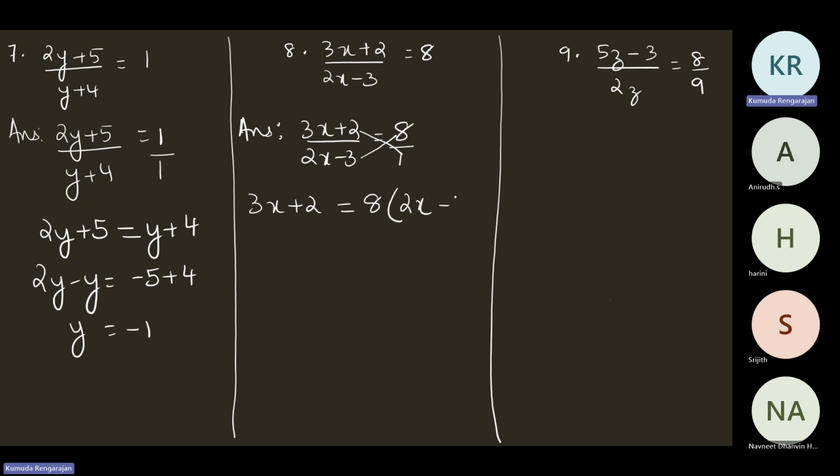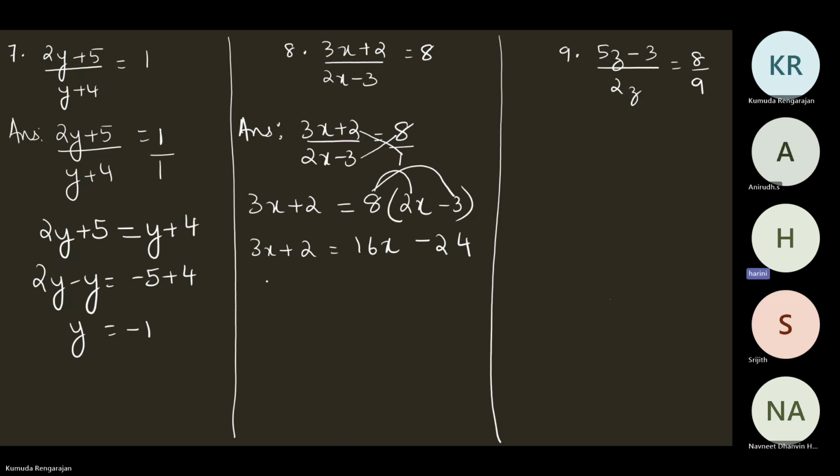Next step. 3x plus 2 equal to... What is 8 into 2x? 16, ma'am. 16x minus 24, ma'am. Correct.